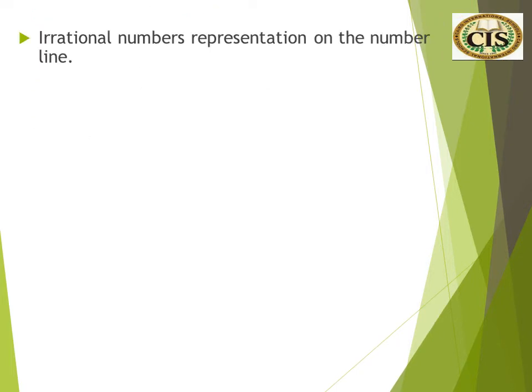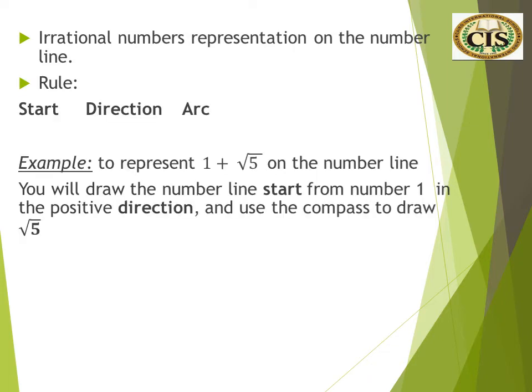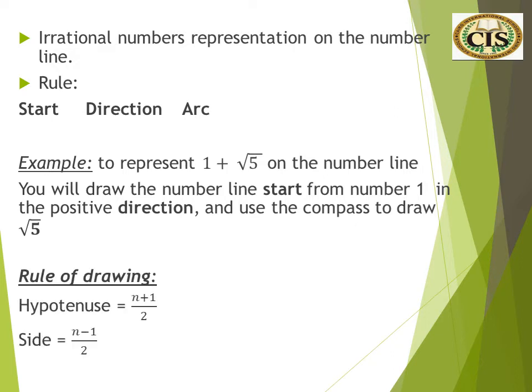Now, represent the irrational number on the number line. If we want to represent root n on the number line, we use a right angled triangle and use Pythagoras theorem.